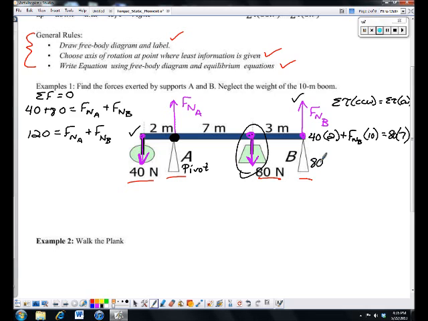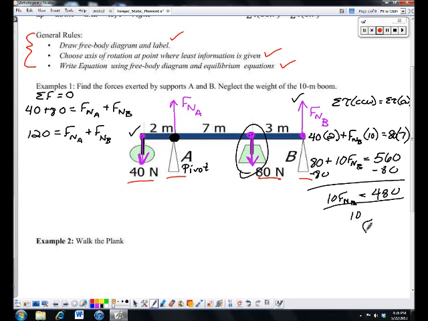So that's 80 plus 10 FNB equals, what's that? 8 times 7 is 560, I believe. So that's 560 newtons. Subtract 80. It's 10 FNB equals 480. Divide by 10.